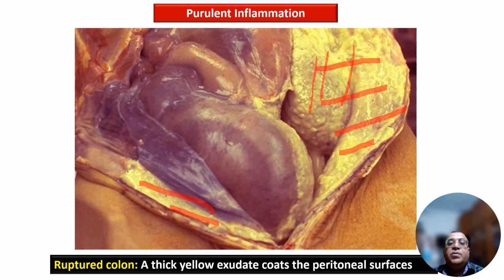This fluid can be obtained by paracentesis, and this may yield fluid with the properties of an exudate, that is, high protein content with many cells, mostly composed of polymorphonuclear neutrophils. If you culture this, there can be presence of multiple organisms, especially the pyogenic, pus-producing organism.